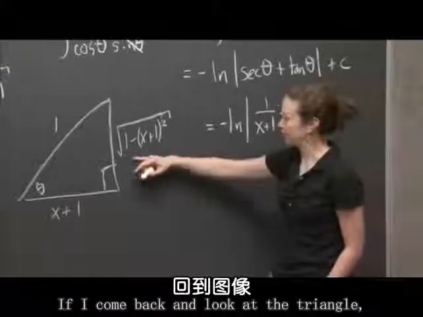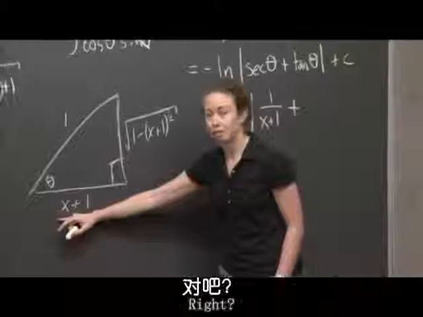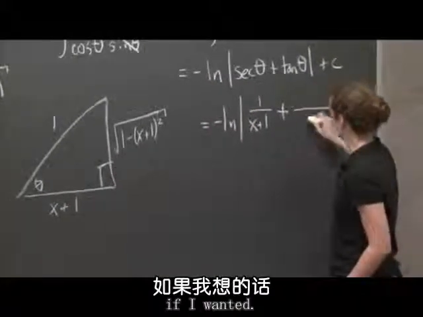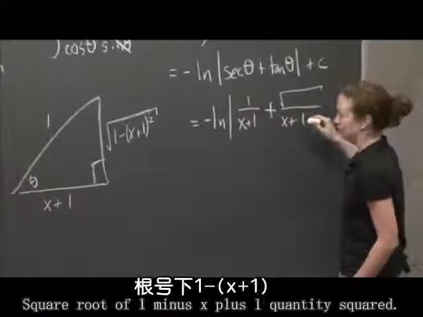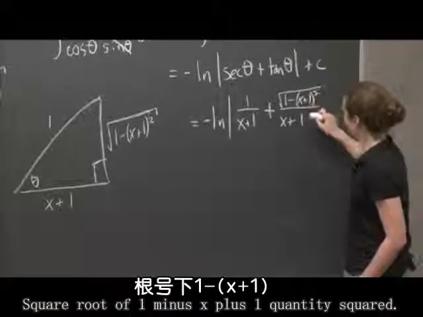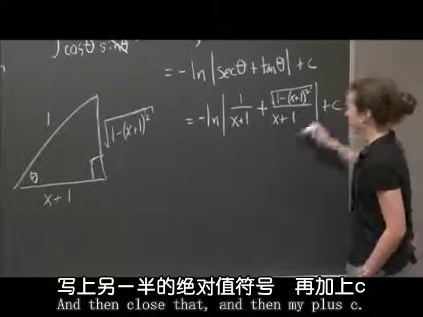If I come back and look at the triangle, tangent theta is opposite over adjacent. So I can actually just put it all over x plus 1 if I wanted, but I already started writing it separately, so I'll leave it like this. Square root of 1 minus x plus 1 quantity squared, and then close that, and then my plus c.